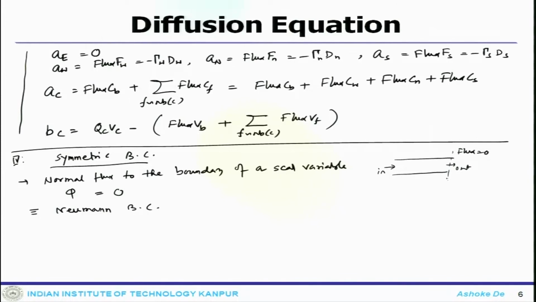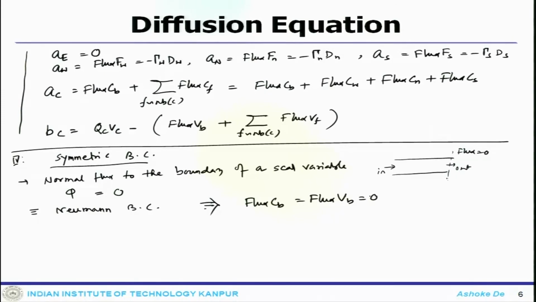So, if it is equivalent to the Neumann boundary condition, that means it will give rise to flux C_b or flux V_b being 0.